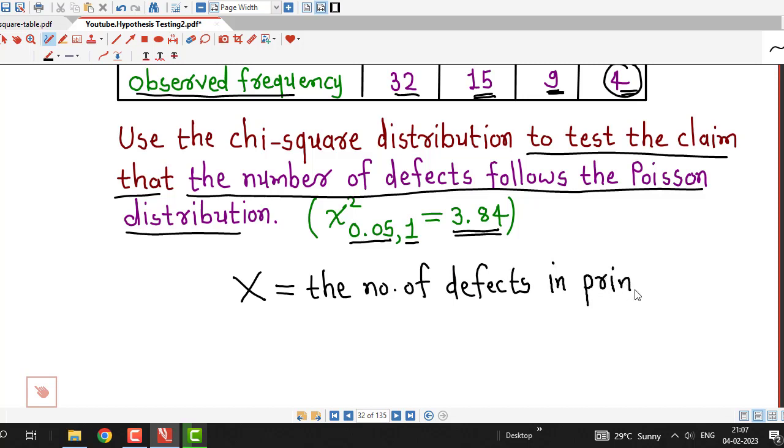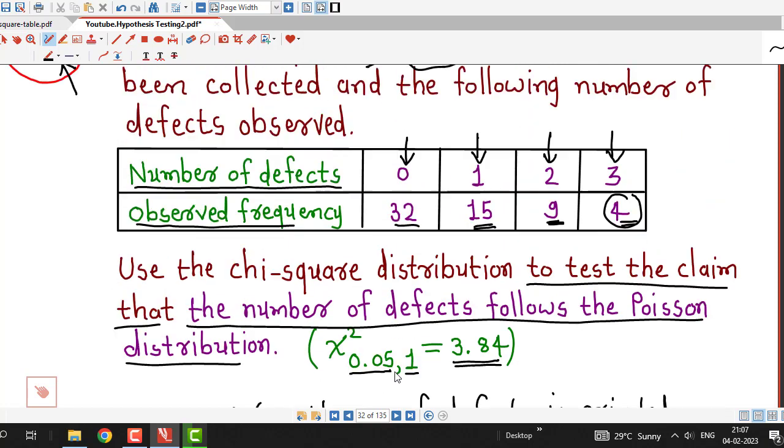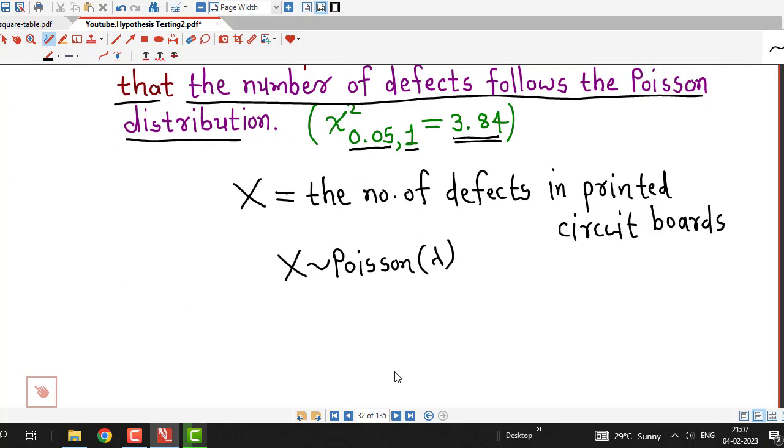We have to test the null hypothesis that capital X follows a Poisson distribution with parameter say lambda, but lambda is not given here.